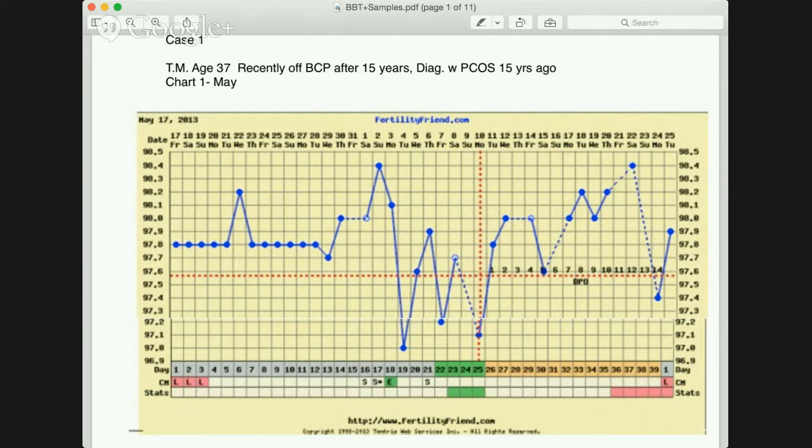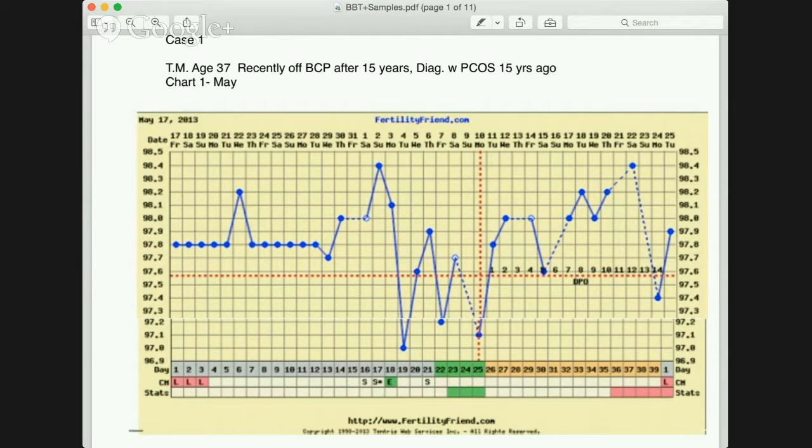Once you have some temperatures that are sustained at a higher level, then they say, well, that's the cover line. That's when you had your thermal shift, and that's when you probably ovulated. So you can see here, day 25, she had a long follicular phase, right?